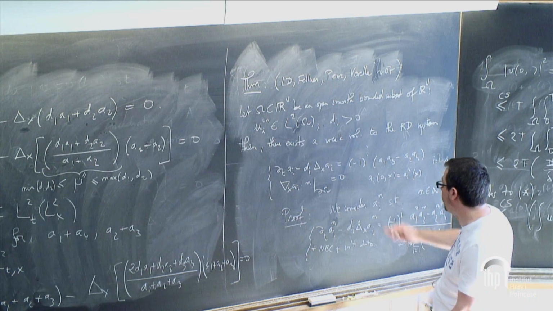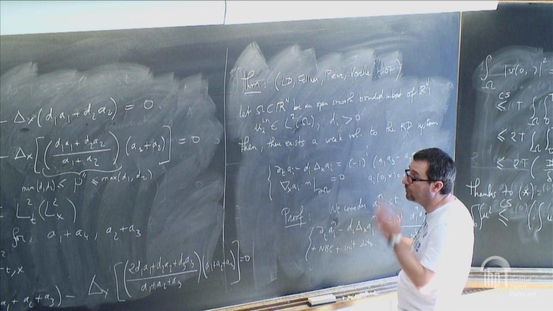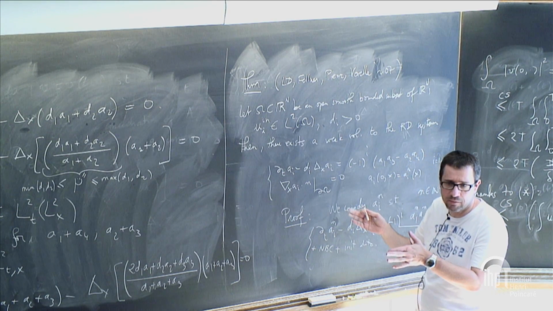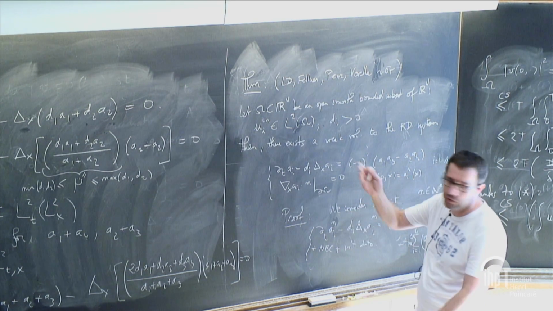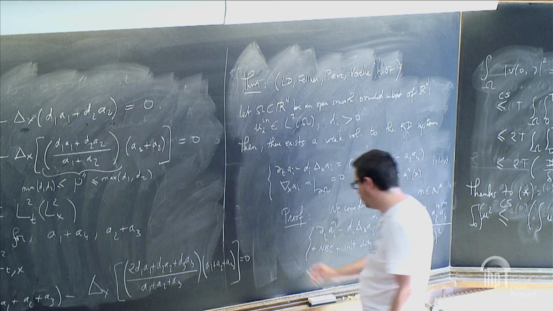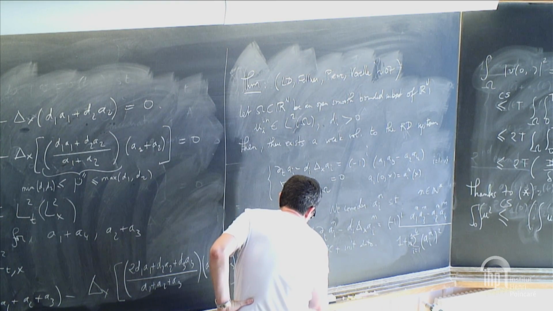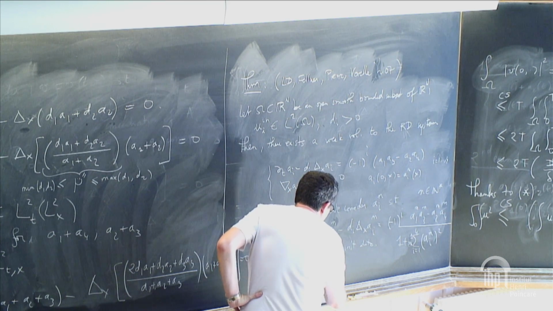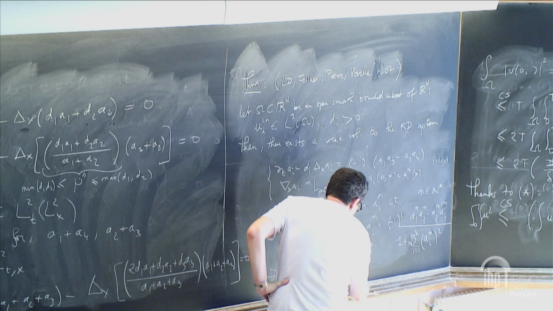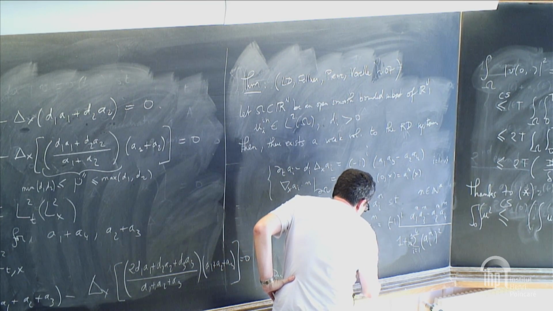So the first thing is to check that for this approximated system, the same a priori estimates are true as for the limiting system, and to use the duality lemma in order to get that AIN is bounded in L2.